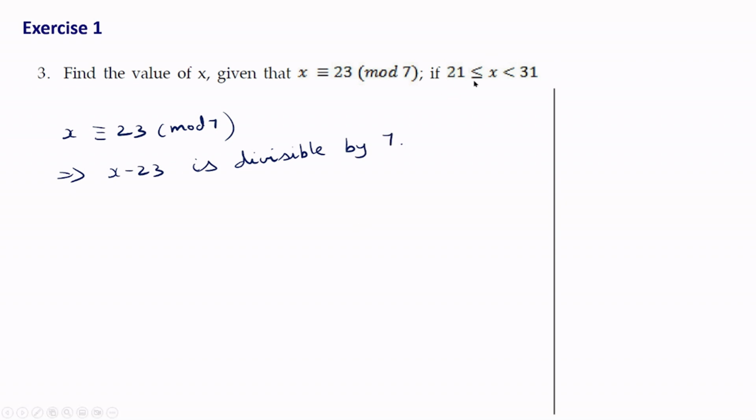So what value of x when substituted here will be divisible by 7? If we substitute 21, 22, 23 and so on, when we substitute x as 30, 30 minus 23 equals 7, which is divisible by 7. Therefore, x is 30.